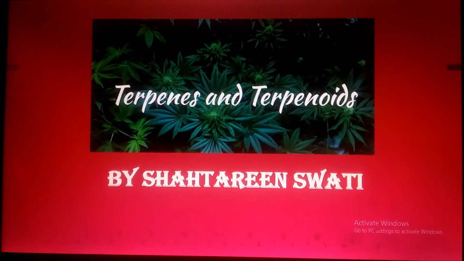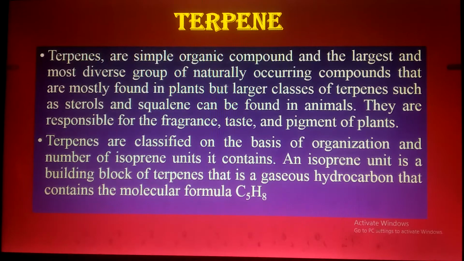So now I am going to start my lecture. What are basically the terpenes? Terpenes are simple organic compounds and the largest and most diverse group of naturally occurring compounds that are mostly found in plants, but larger classes of terpenes such as sterol and squalene can be found in animals.